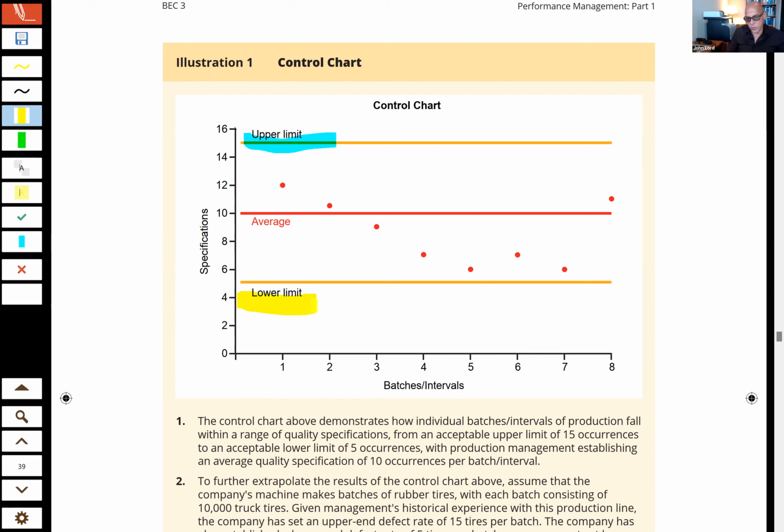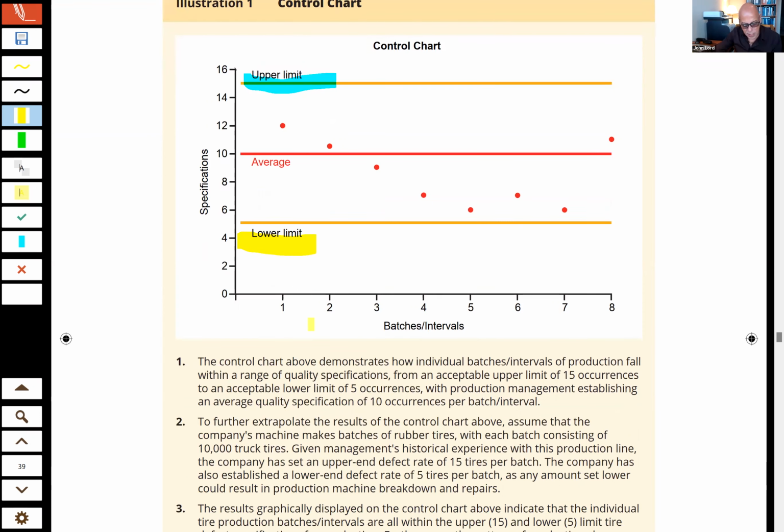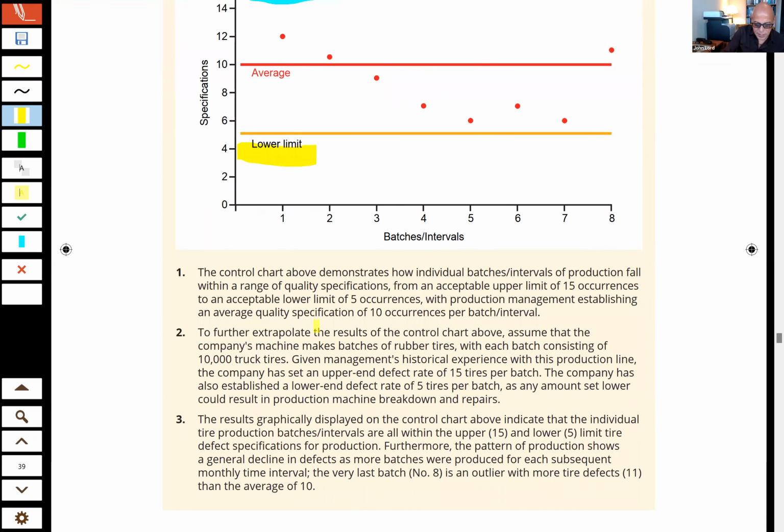And the answer is, well, there's a cost associated with having absolutely no defects. And so maybe we're going to say, hey, we don't want to be that perfect, because there's a cost associated with that. And we want to hover more around that average. Now you come over and they say, let's further extrapolate the results.